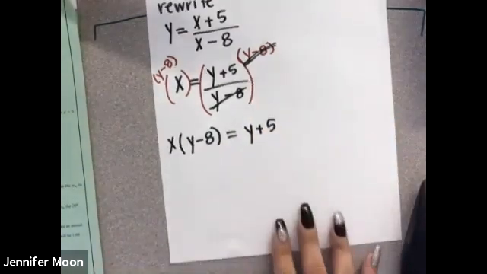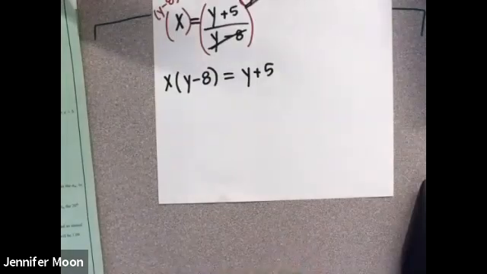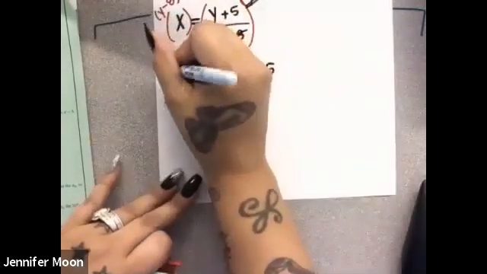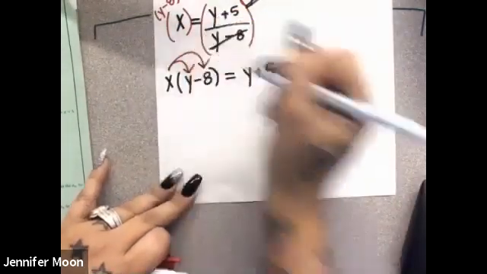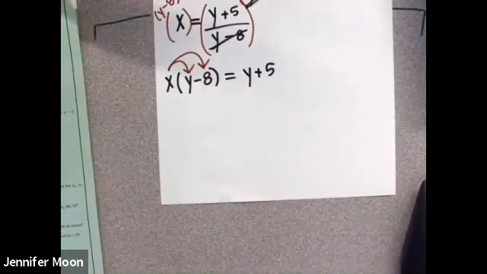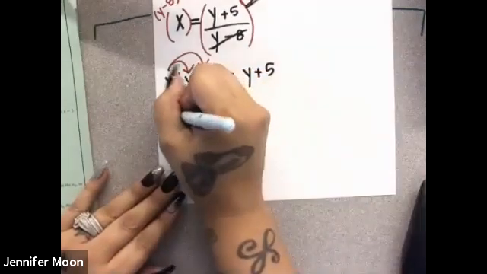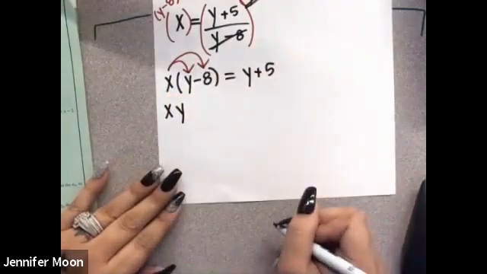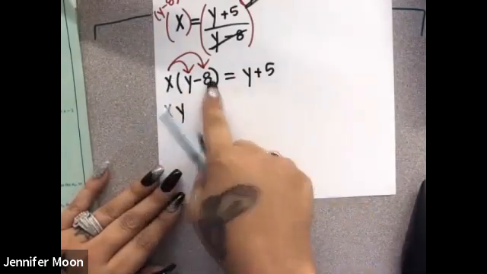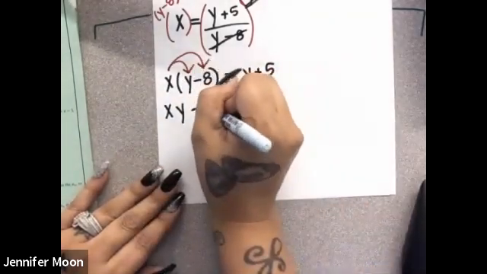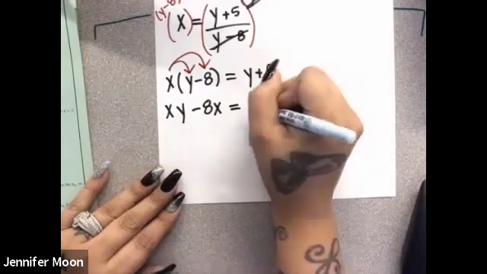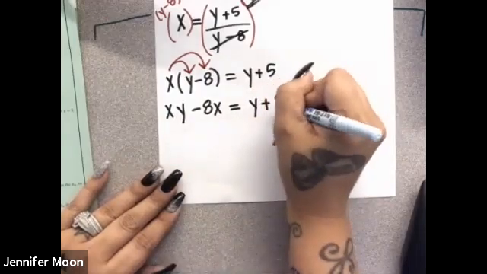Very important here, I have my x right next to a parenthesis, which implies multiplication. So I need to go ahead and distribute that x into the parentheses. So x times y is just xy. x times a negative 8 would be a negative 8x. Right-hand side, I have y plus 5.